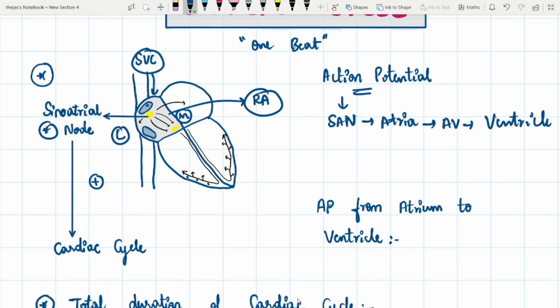That is not important. The usual pathway is sinoatrial node, atria, AV node, and then ventricles. This is how the action potential travels from the sinoatrial node to the ventricles.